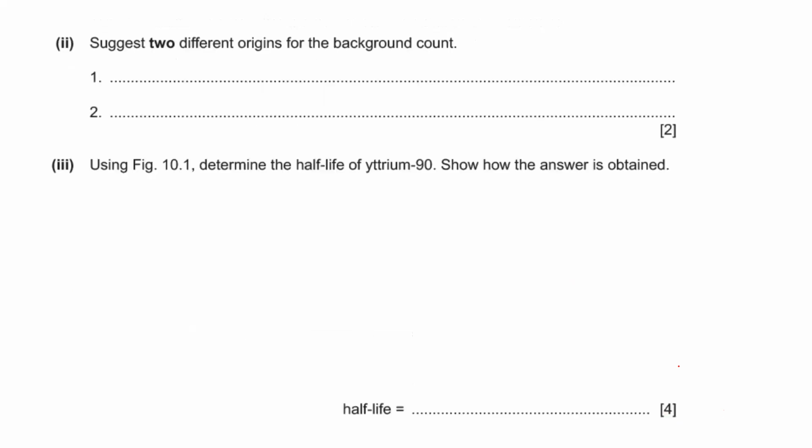Part 2 says suggest two different sources of this background count. One can be cosmic microwave radiation, or another can be the presence of radioactive material in the surrounding.